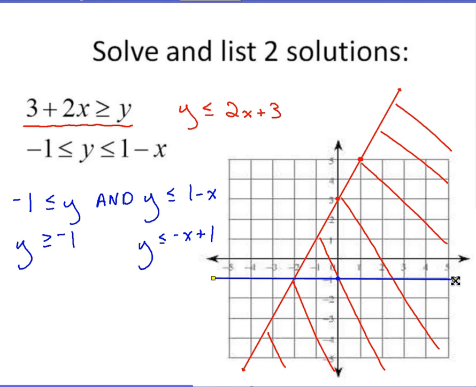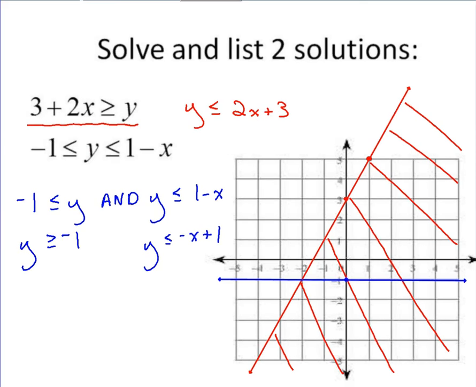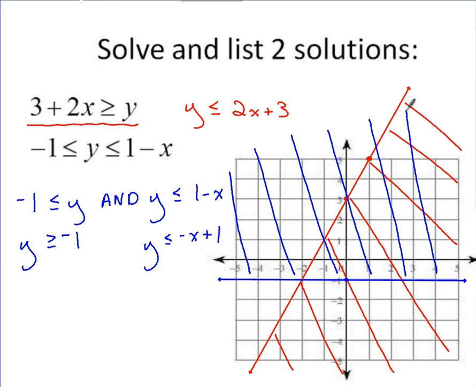And if it's greater than or equal to -1, that means we're going to shade above this line, right? So I'll put some gradual marks in here again, and shade above. And ultimately what I'm looking for is some overlap between all these lines I'm drawing. And now I can start to see some overlap between that red and that blue.